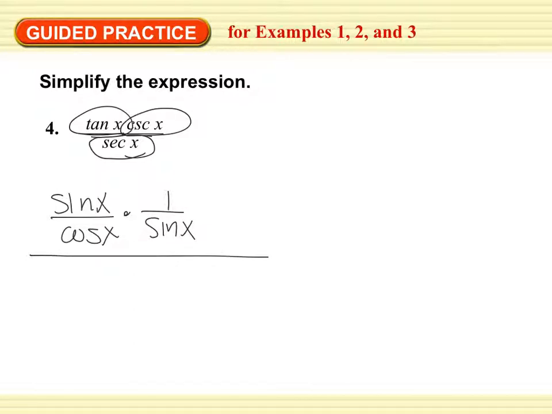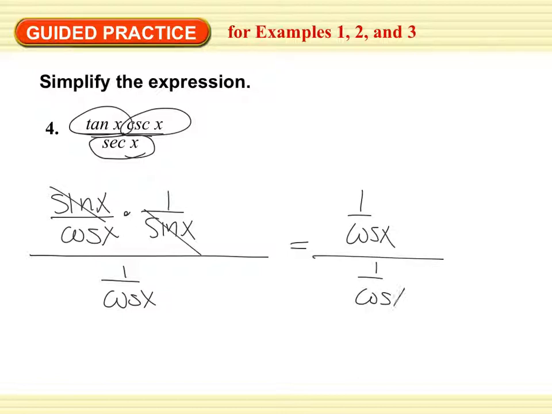Then the denominator, secant, is 1 over cosine x. These cancel. I have 1 over cosine x over 1 over cosine x, which when you divide fractions, you multiply by the reciprocal. That's the numerator. That's the denominator. We get 1.